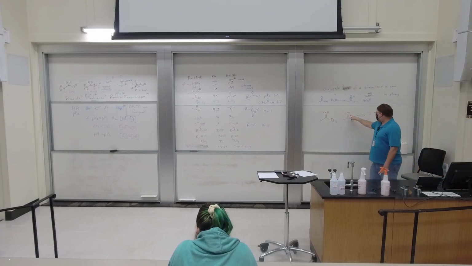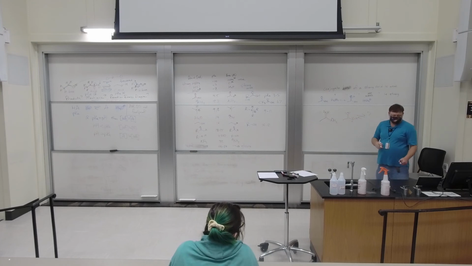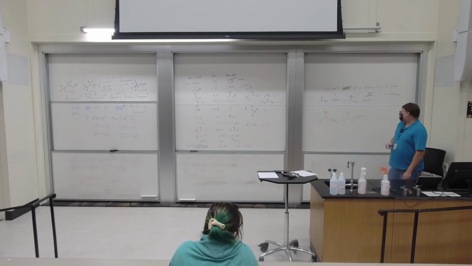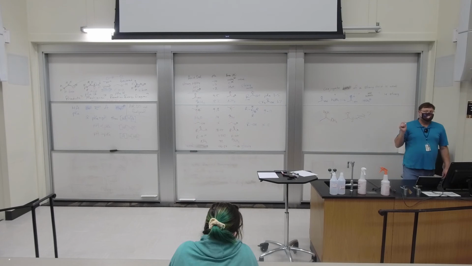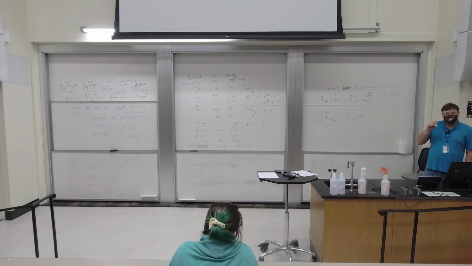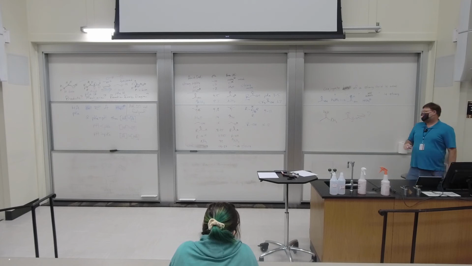You've got electron density on both of these oxygens, so they can act as bases. So acetic acid in the reaction I asked you about could be a base if the other molecule is a really strong acid. I'm going to tell you that it's not. So if you said that acetic acid is going to act as an acid, congratulations.